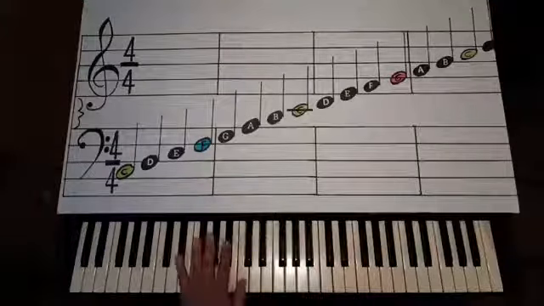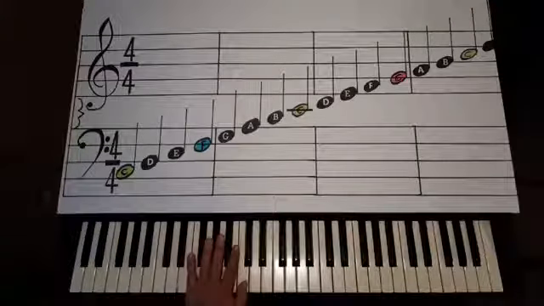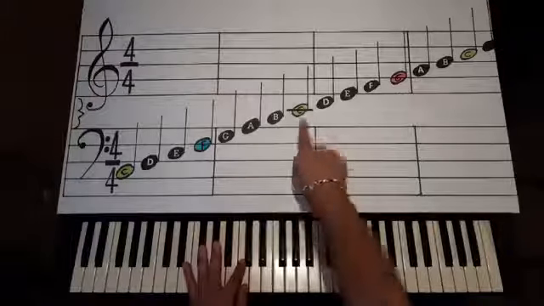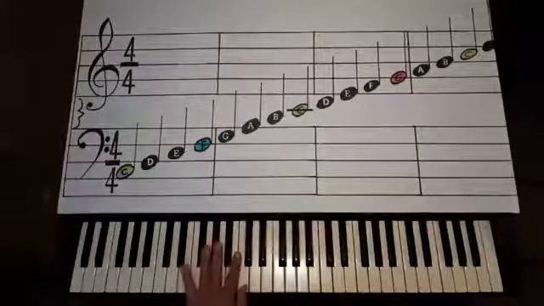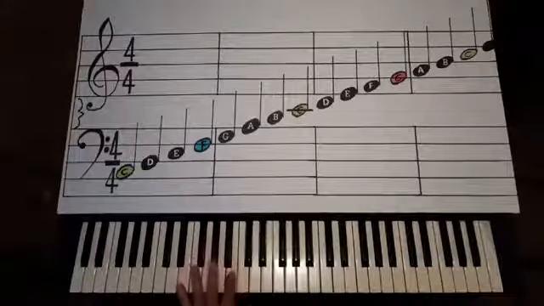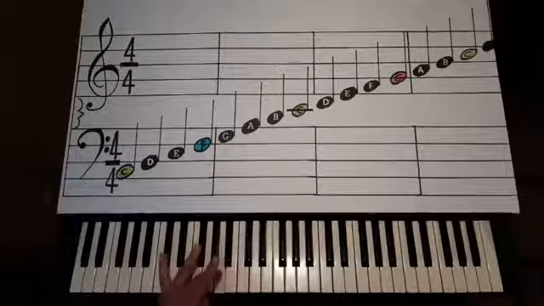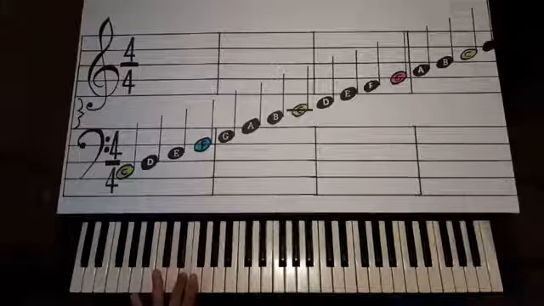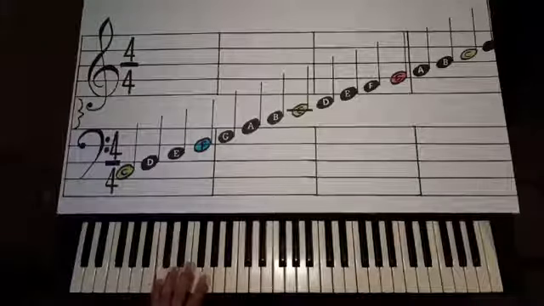You're going to do the opposite, like a mirror image with your left, starting in middle C right here, right? C, B, A, thumb under, G, F, E, D, C.